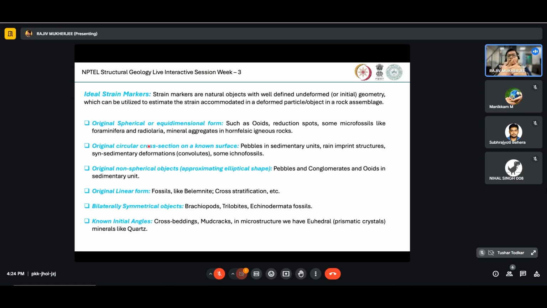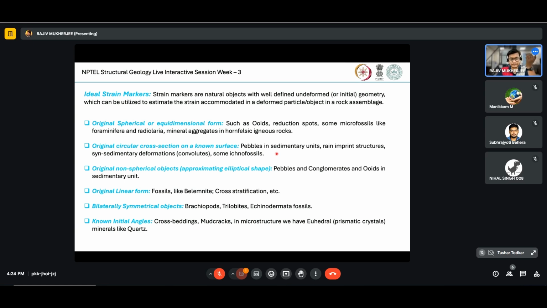Now ideally we have 3 perpendicular cross sections which we generally follow for kinematic references, which are xy plane, xz plane, and yz plane. So for properly analyzing the strain along a particular plane of orientation, if we get these kind of cross-sectional views on that particular plane for which the orientation is known, then we can use that initial shape as our reference for calculating the strain.